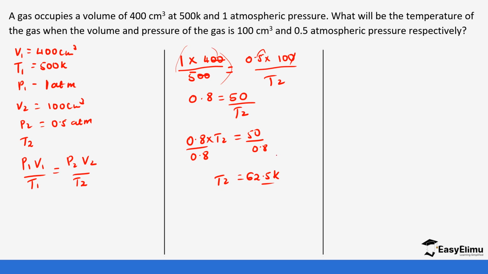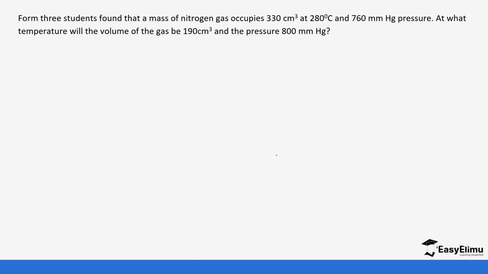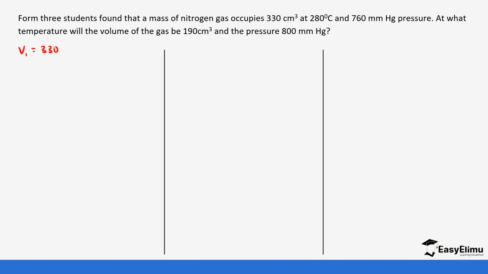Let's do one last question and then we'll close the session. Form 3 students found that the mass of nitrogen gas occupies, so we have volume 1, which is 330 centimeters cubed at 280 degrees Celsius. So temperature 1 is 280 degrees Celsius.